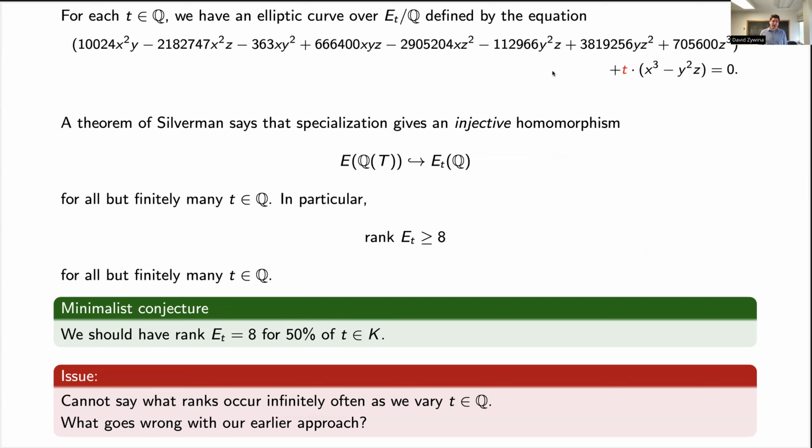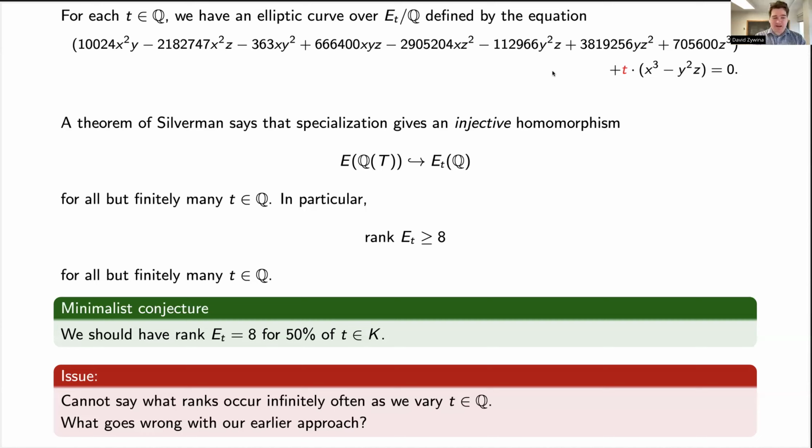Now we get elliptic curves over Q. And this theorem of Silverman I mentioned earlier says that for all but finitely many T, the geometric Mordell-Weil group maps into the Mordell-Weil group of our specialization. And so in particular, we're getting an infinite supply of elliptic curves of rank at least 8. And the minimalist conjecture like before. Now maybe Bjorn has a point. I'm not convinced this is 50-50. I'd have to check. We should have rank equal to 8, at least for some positive proportion of the time.